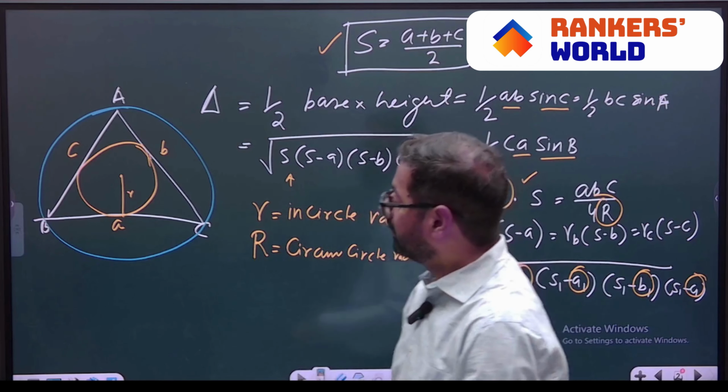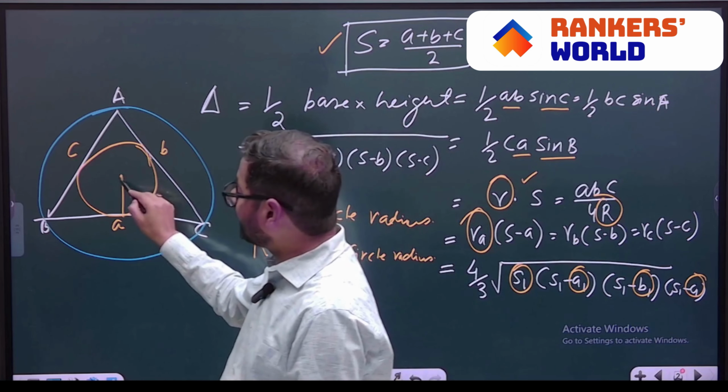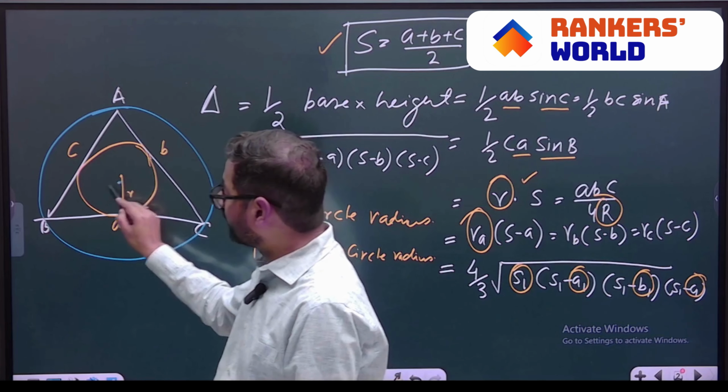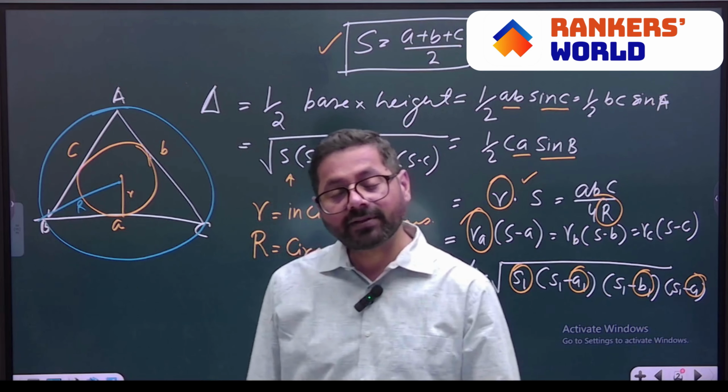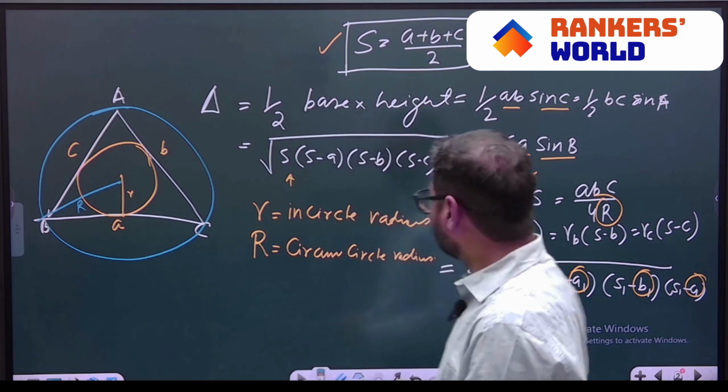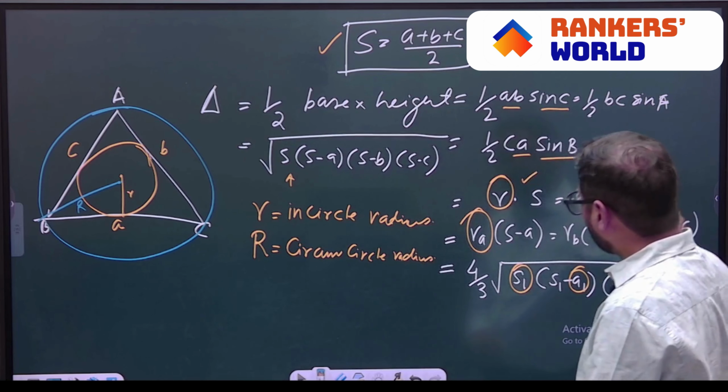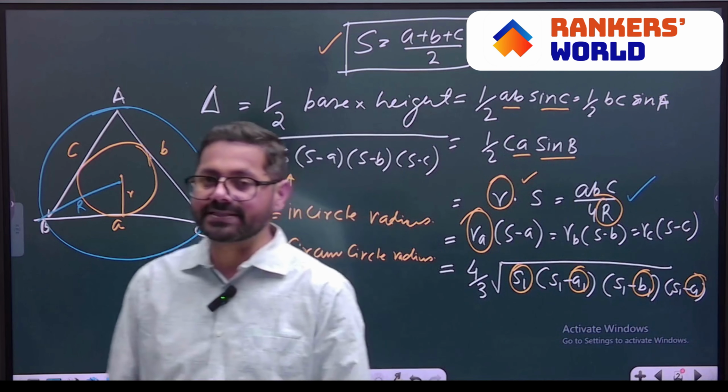Obviously the center will not be the same, it will be something different. This is called capital R. If I have that value, I can find the area of a triangle as ABC upon 4R.